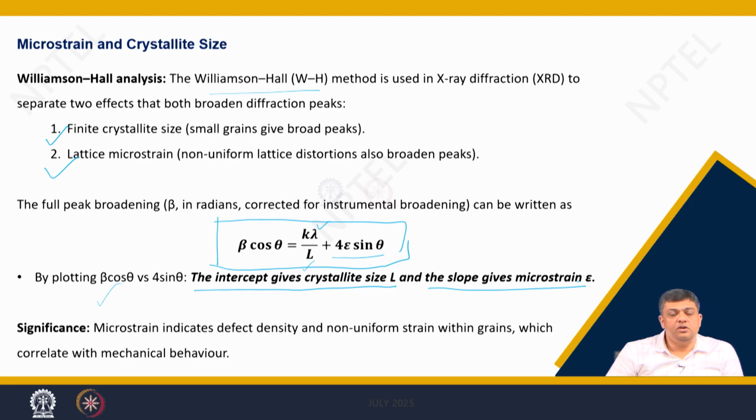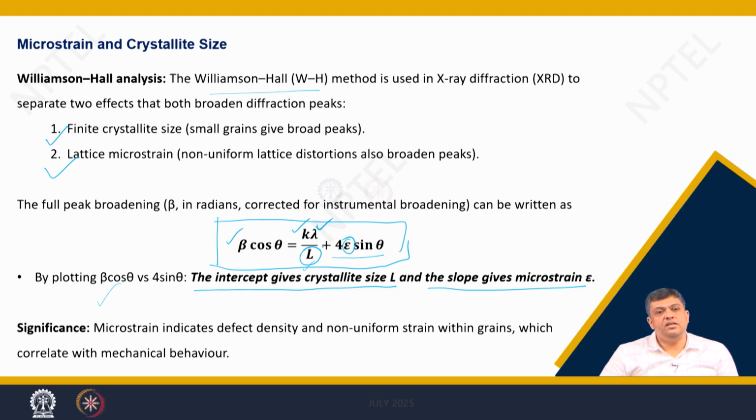So, it becomes a y equals mx plus c kind of curve, and therefore you can get the intercept and the slope, and from there you can straight away get the values of crystallite size as well as the microstrain. So, using FWHM, the fitting parameter, and given lambda, you can get these values of the unknowns.